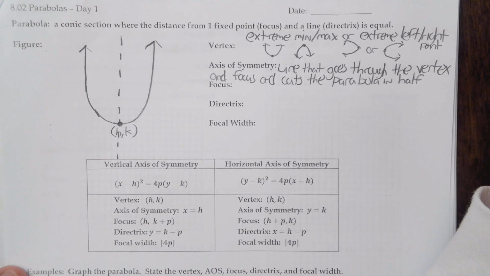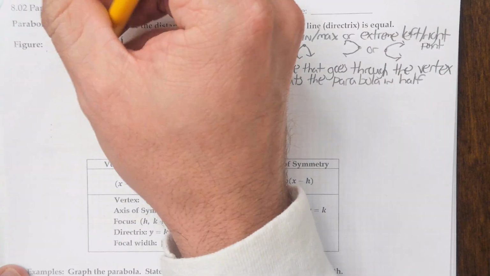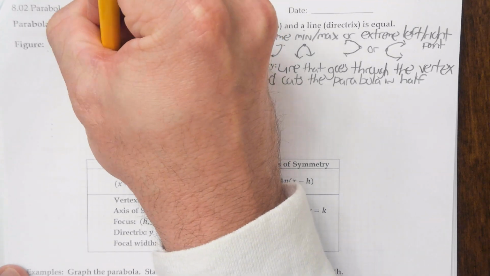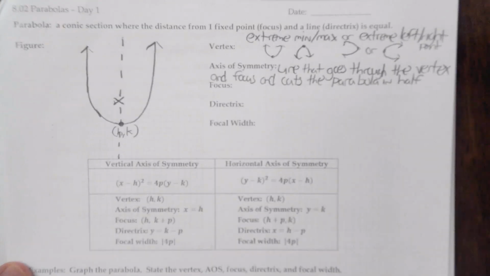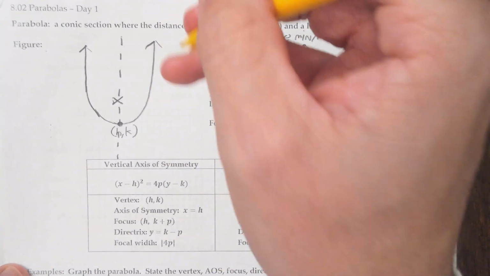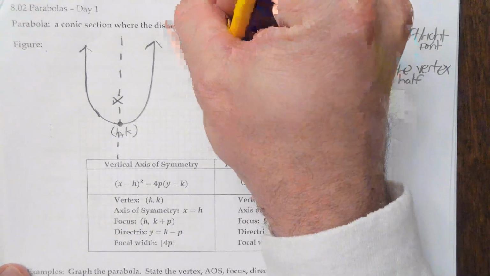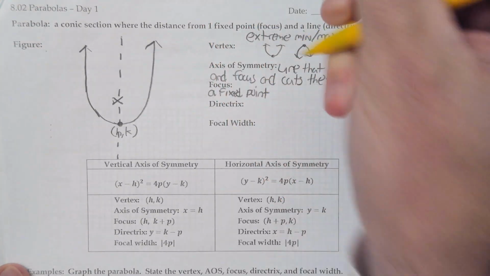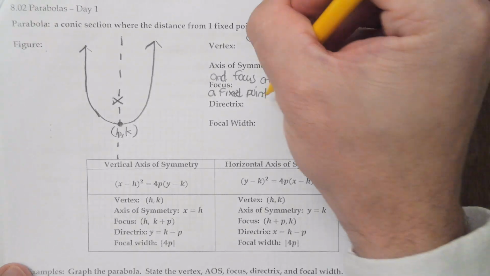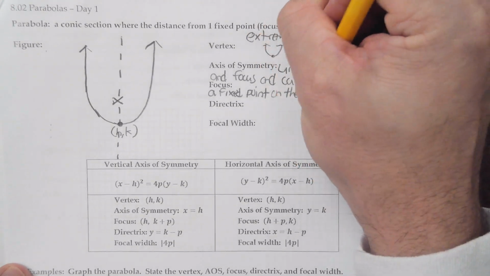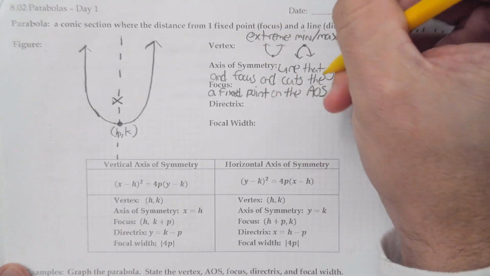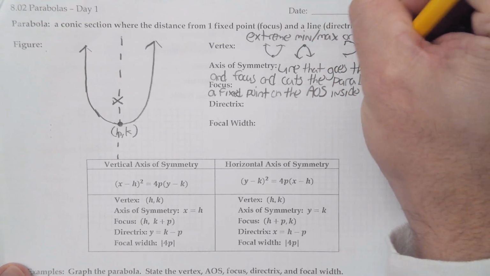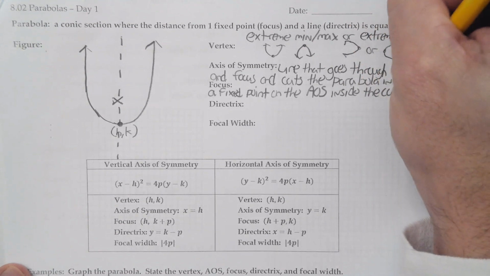Our focus, this little X I'm drawing right here. That little X is our focus. The focus is a fixed point on the AOS, which is the axis of symmetry, inside the curve.